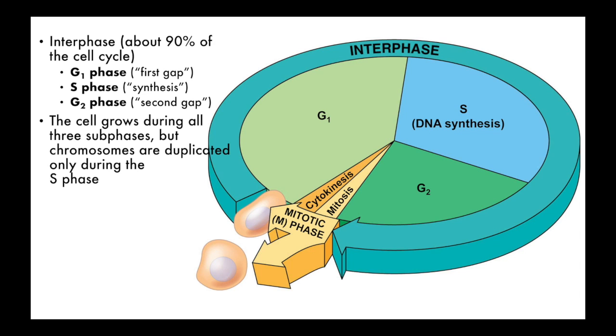So the cell continues to grow during all of those subphases, but it can't actually divide unless you know that there's accurate copies of all of the DNA. And then it will go through a brief mitotic phase, division of the organelles, and then you've got two cells, and the process will continue.